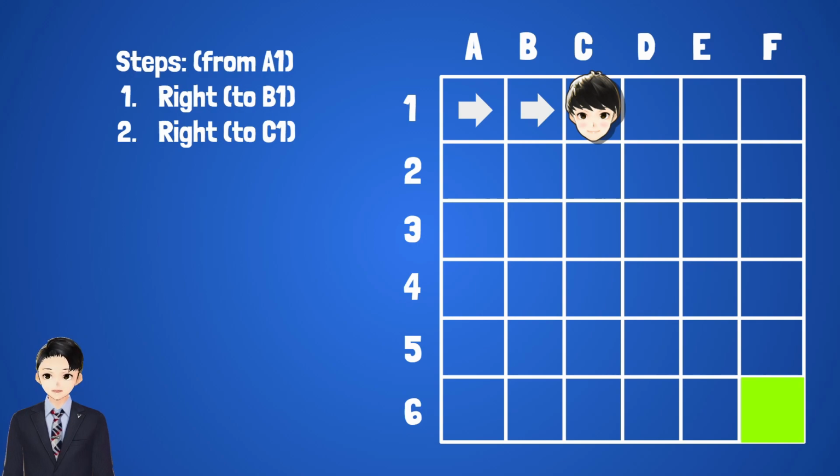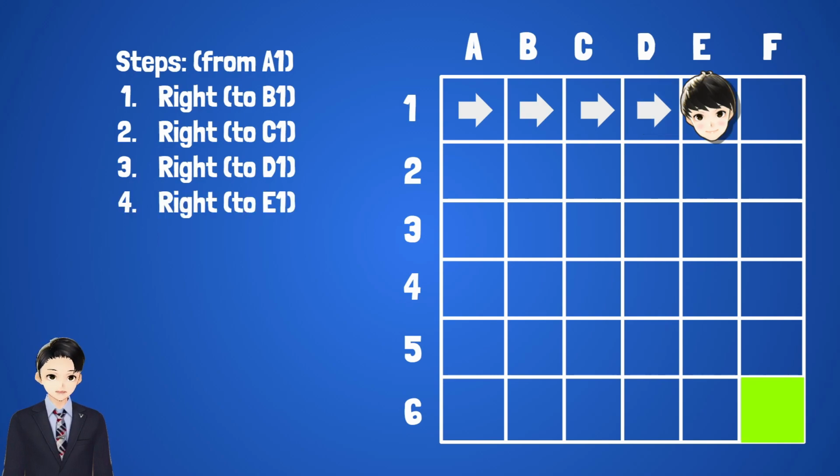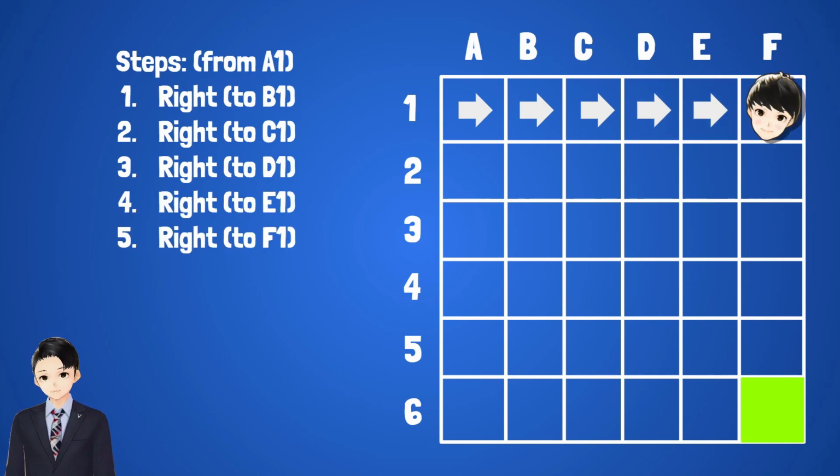Okay, he's going to take another right to C1, another right to D1, another right to E1, and right to F1. Can you see how much we moved from A1 to F1? We got 1, 2, 3, 4, 5 steps all to the right. So we know what steps he took.